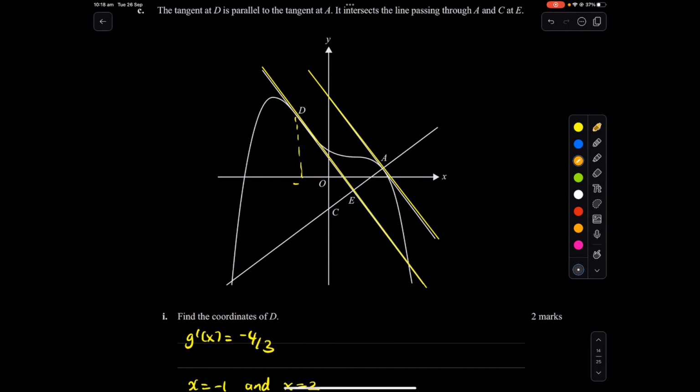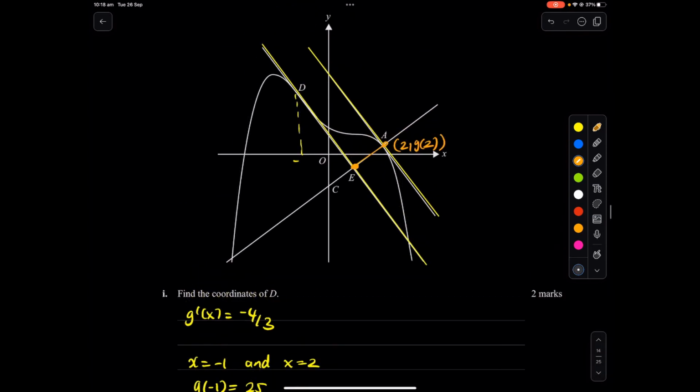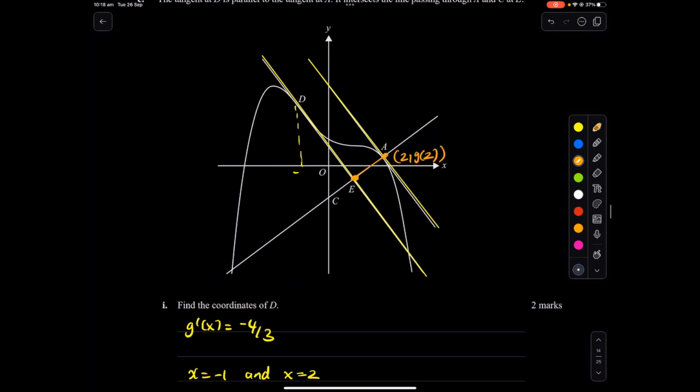So this length over here. Well, luckily, we know the coordinate of A is 2, g of 2. And this coordinate over here, we can find the equation of this line over here, and let it equal to this line to find the point of intersection.